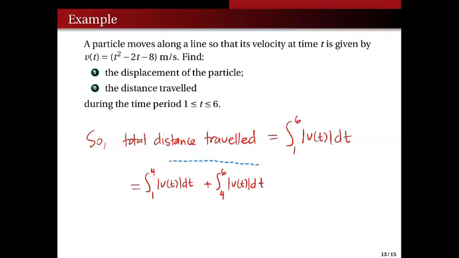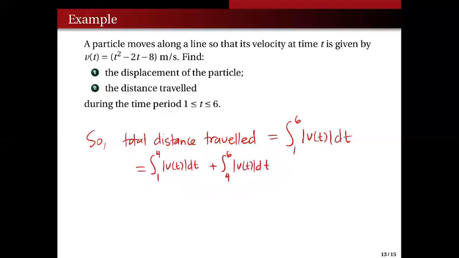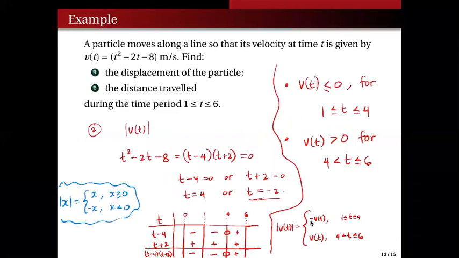Remember that property of integral? You can chop the interval, and I'm chopping it at t equals 4. The reason is, if we go back to this slide, that's where the sign changes for v of t. Okay? So what now?